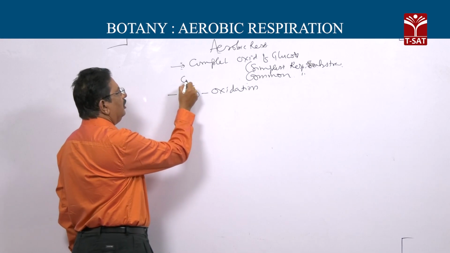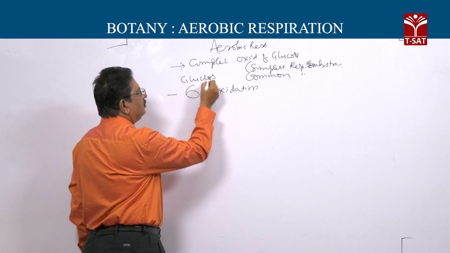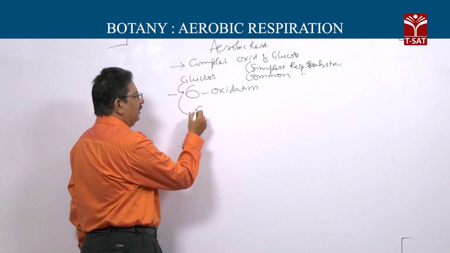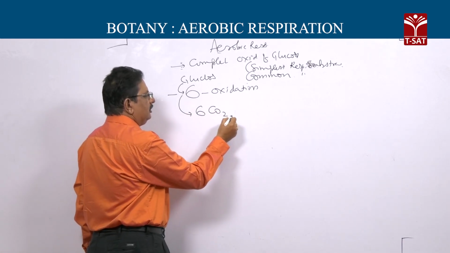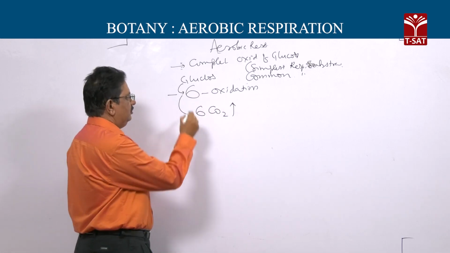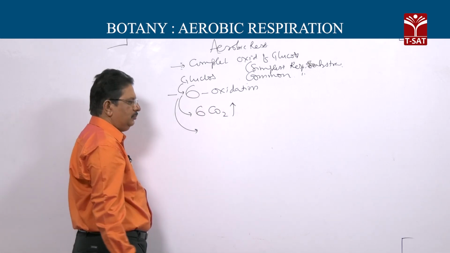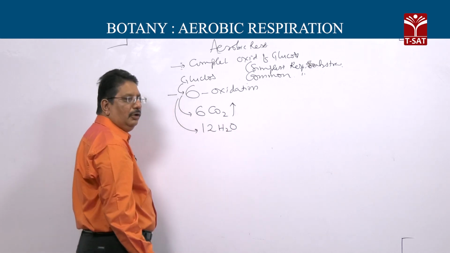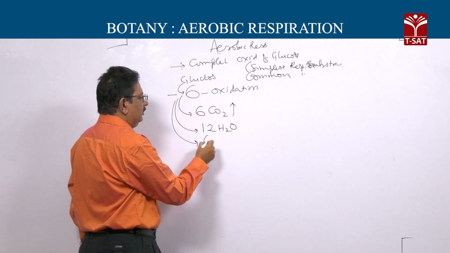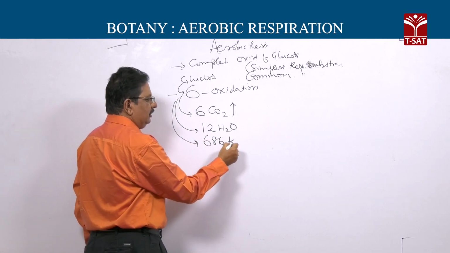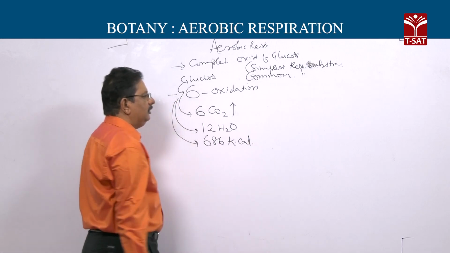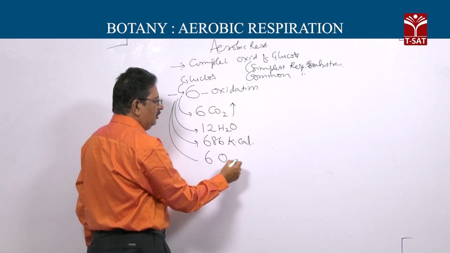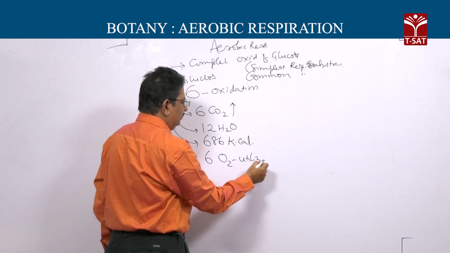That means one molecule of glucose undergoes 6 oxidations, and there is a liberation of 6 CO2 molecules, and during this respiration there is a formation of 12 H2O molecules and release of 686 kilocalories of energy, where 6 oxygen molecules are utilized.